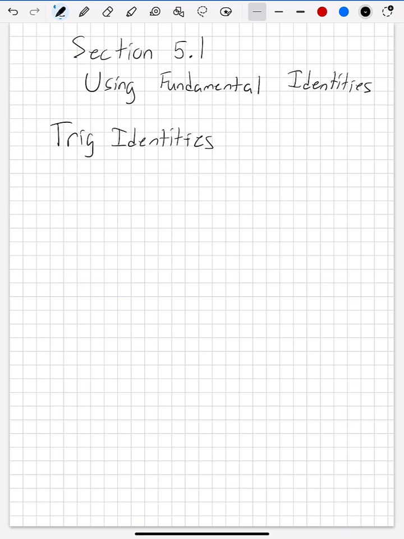So first we have a section that's called the reciprocal identities. And we've already been looking at some of these. So we have that the sine of u is 1 over cosecant u.